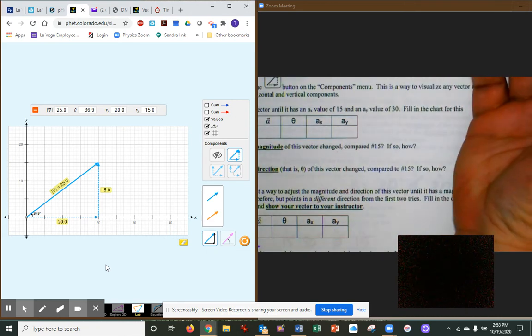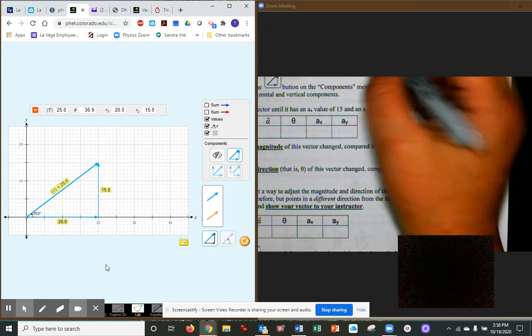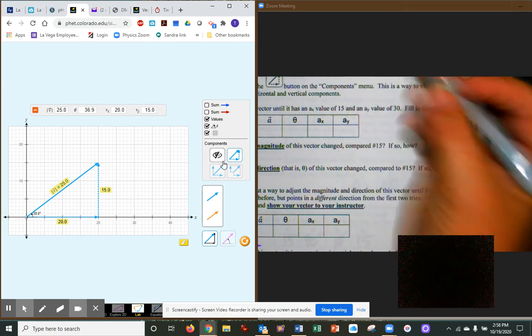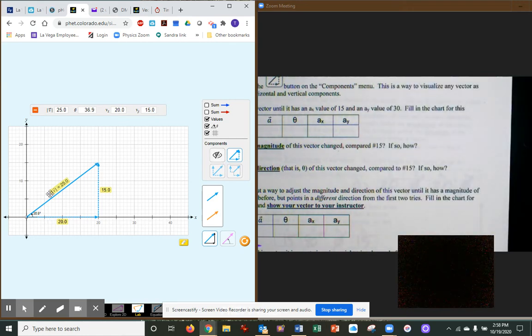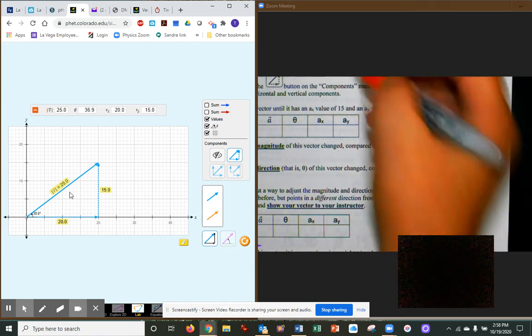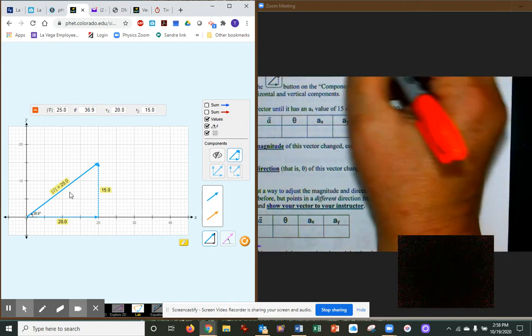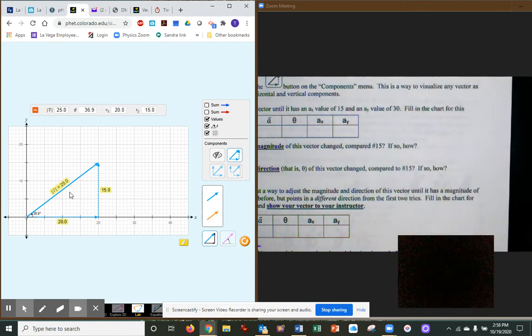Go ahead and fill in your chart. Your magnitude is what we're talking about for the resultant here. What is the magnitude of this line? How long is it? 25. What's its angle? Still 36.9.